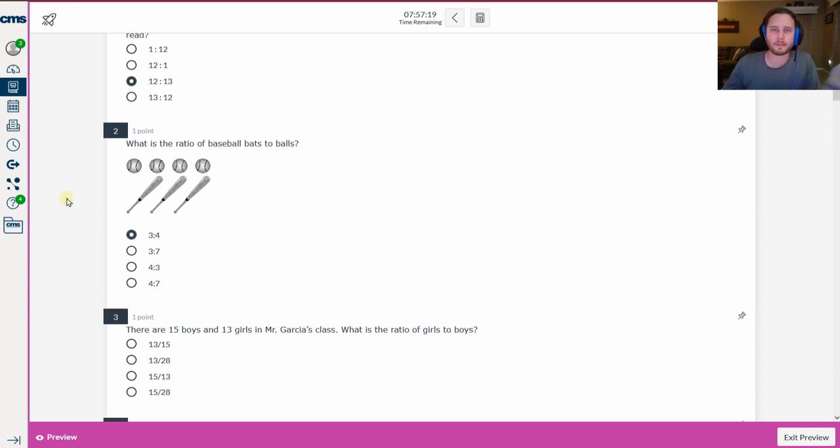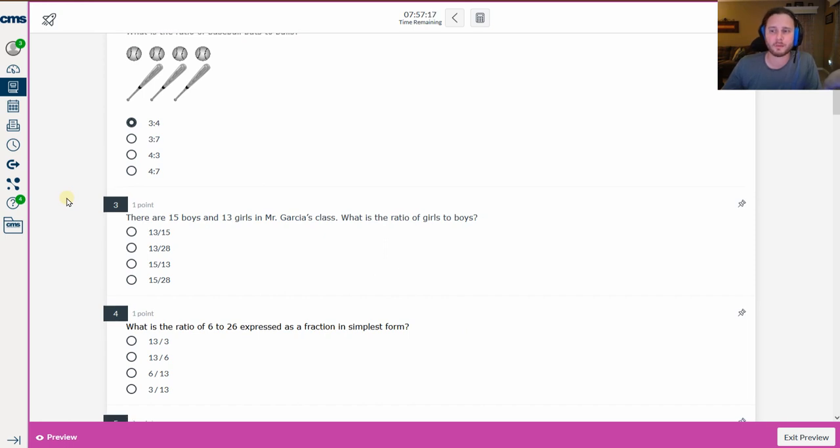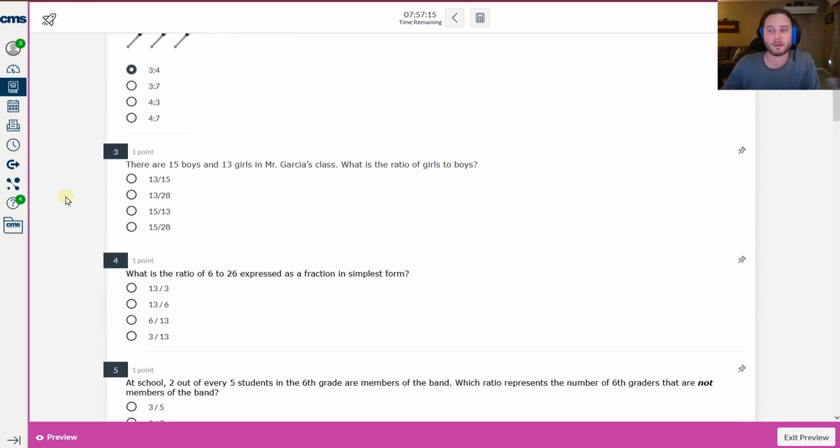And that will happen. There will be some ratio problems that will simply be putting numbers in the right order, no extra tricks. For number 3, there are 15 boys and 13 girls in Mr. Garcia's class. What is the ratio of girls to boys? So, in this one, they switched up the order that we want to be working with.